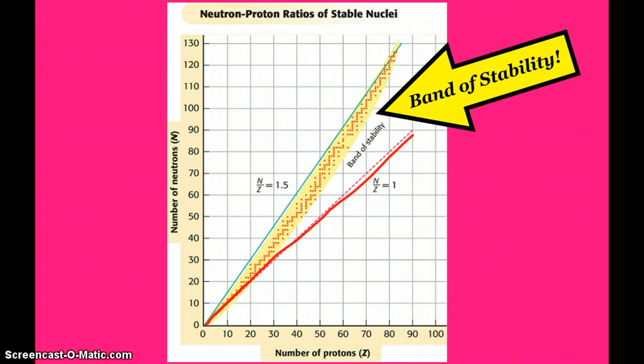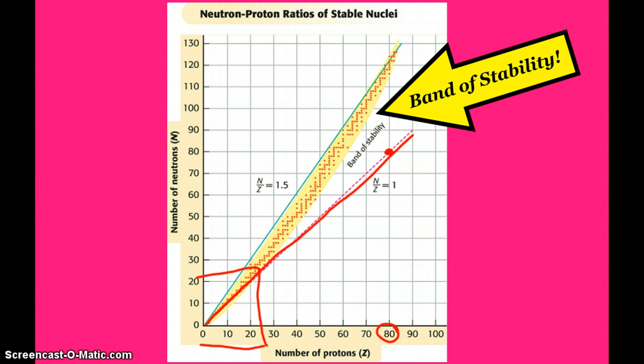When we have smaller atoms, like from atomic number 1 through 20, then we typically have a 1-to-1 ratio of our protons to neutrons. For our larger atoms, like mercury, for example, mercury has an atomic number of 80. 80 protons, 80 neutrons would be up here on this 1-to-1 ratio.